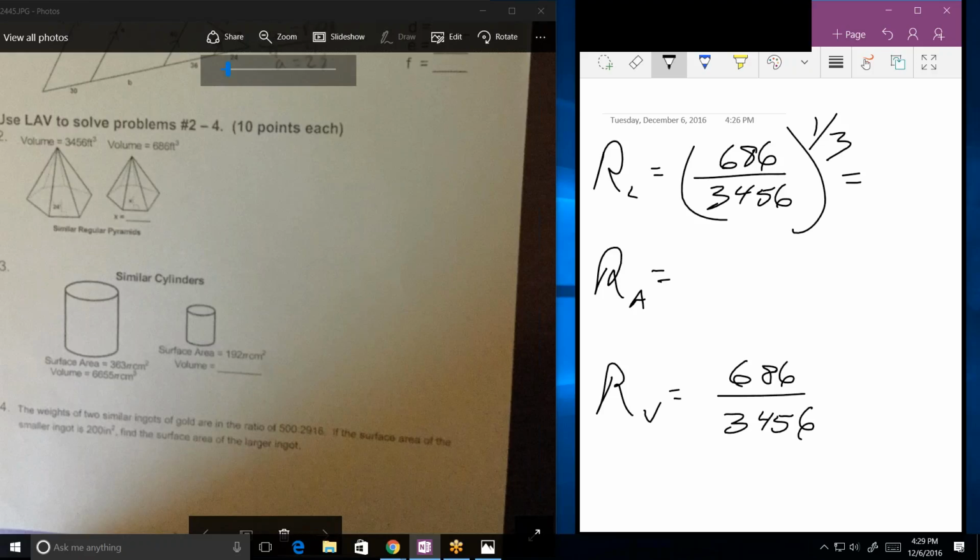So R sub L equals 7 over 12. 7 squared is 49. So I have my ratios. The ratio of R sub L is 7 over 12. The ratio of R sub A is 49 over 144. And R sub V is 343 over 1728.